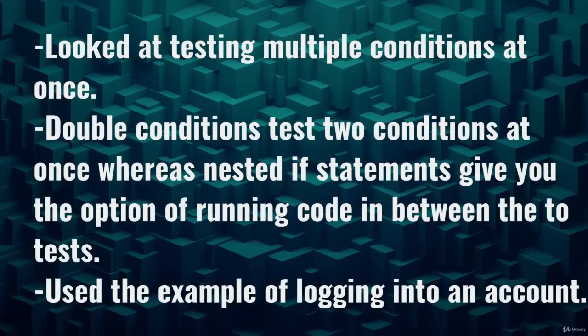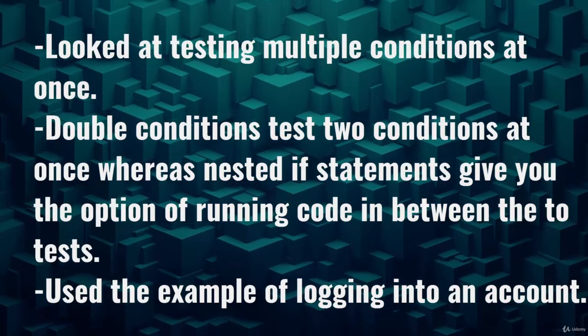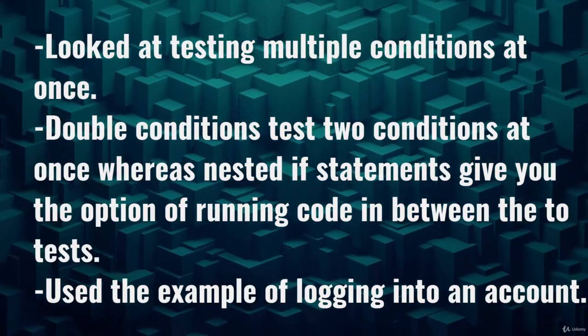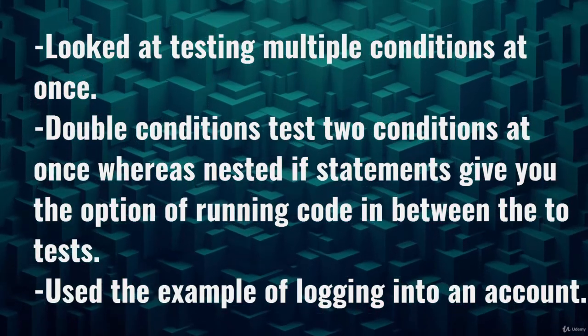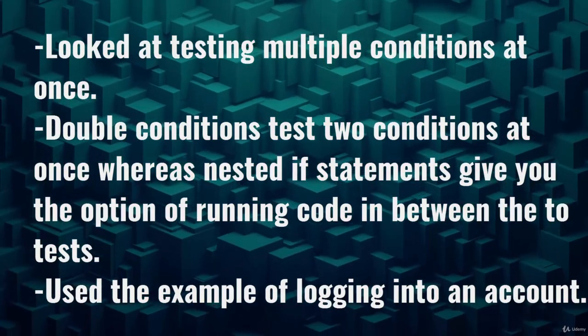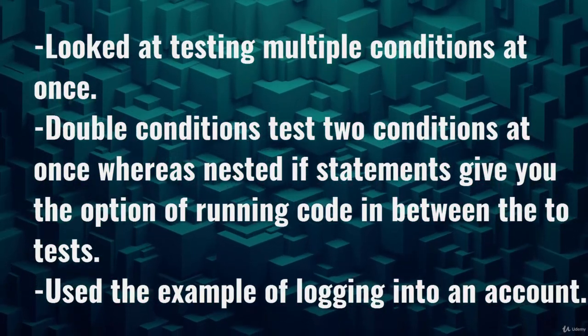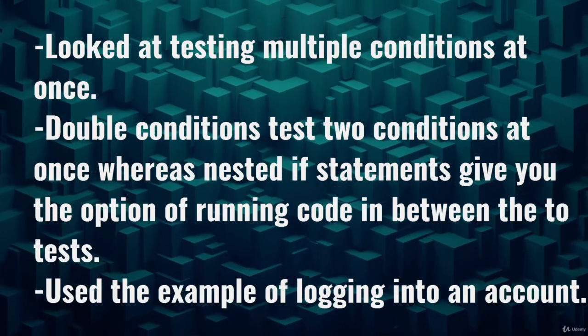So this part took a look at testing multiple conditions at once using if statements. We first looked at testing two conditions in one if statement. We used the AND and the OR operator, and in this case we only had the code within the curly braces execute if both tests passed, because we tested two conditions at once.